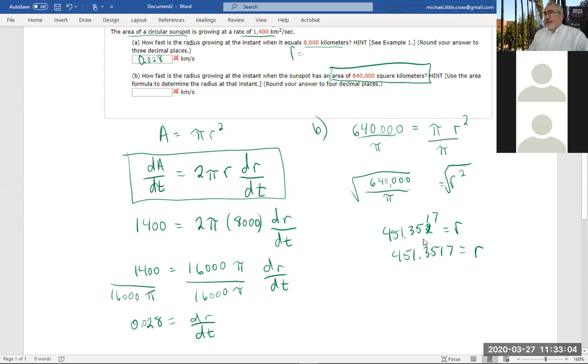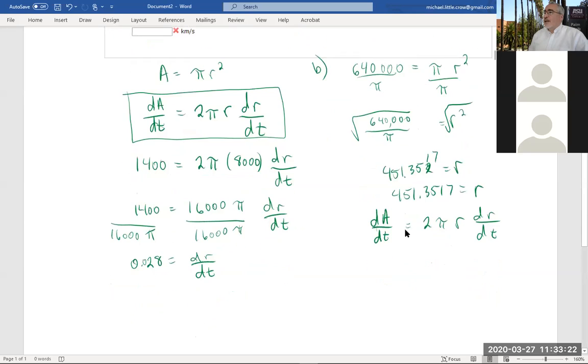So again, we've got the formula over here. It's still, let me just, you go through this whole same process. This is still 1400, 2 pi. In this case, R is 451.3517.